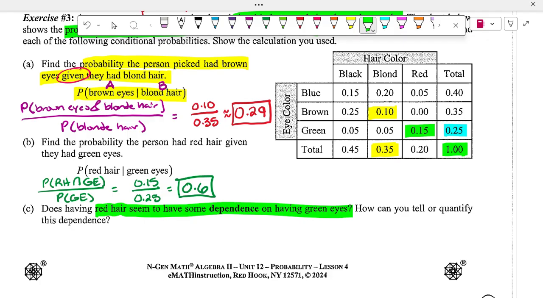So what did we have to do for both of those conditionals? We have to look at if they don't have green eyes, given that they don't have green eyes. Basically, whatever the given is, you have to check it and its complement for independence.